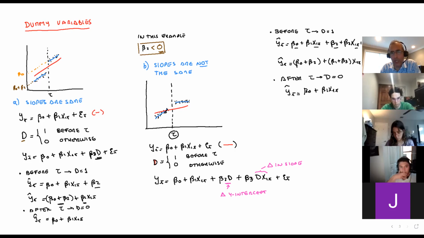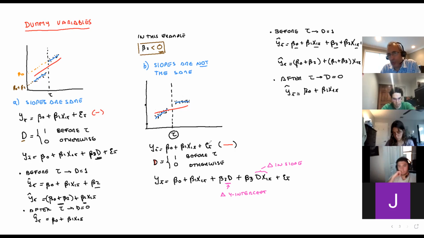The first thing you need to acknowledge is that the slope in the first part is completely different than the slope in the second part. One is steeper. And the y-intercept for the first part is around here, and for the second part is around here. So you have different slopes, but also different y-intercepts, right? That's what you want to model.